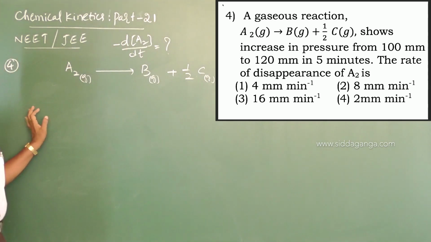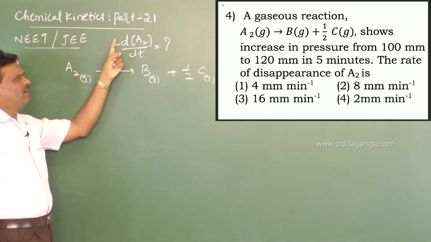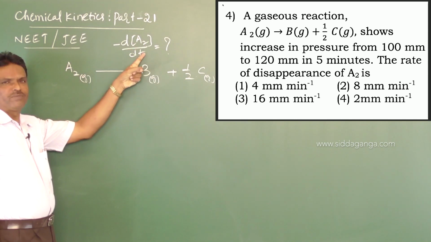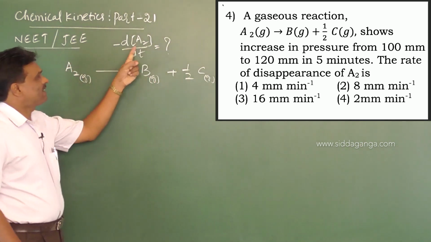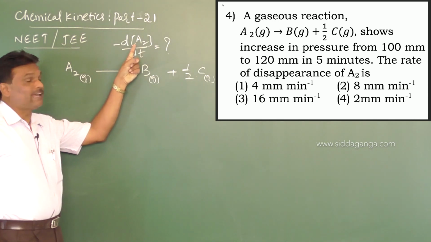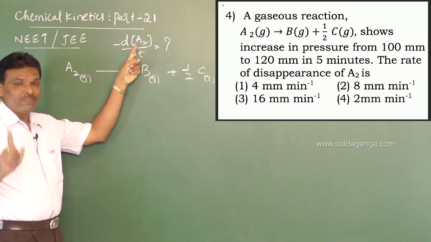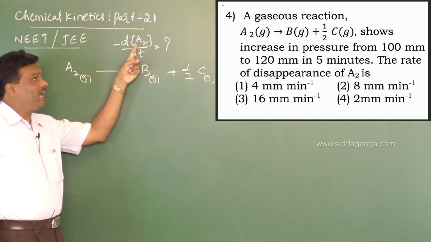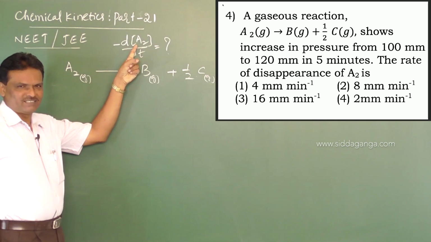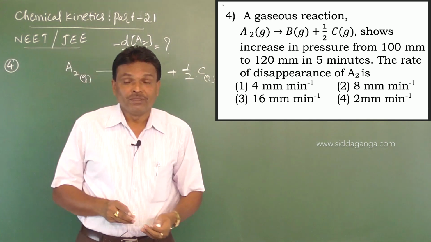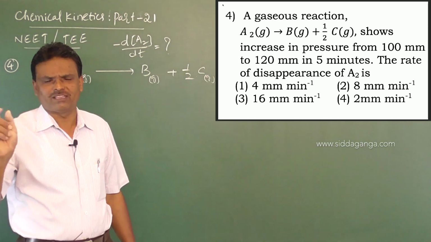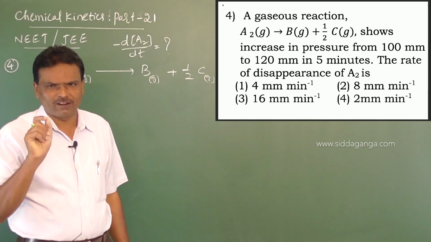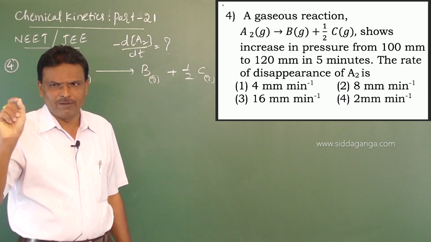The rate of disappearance of A2 at the 5th minute, so in 5 minutes. We have to calculate what is the pressure of A2 after 5 minutes. What is the pressure exerted by A2 after 5 minutes? To calculate this, first we should know by how many millimeters the pressure has decreased. We start with 100 millimeter of mercury, the pressure of A2.